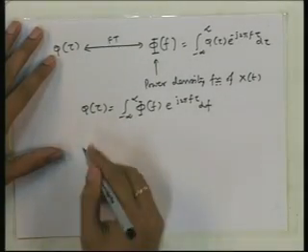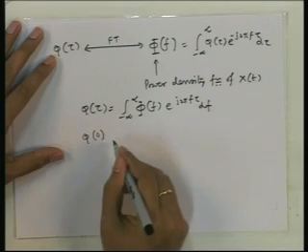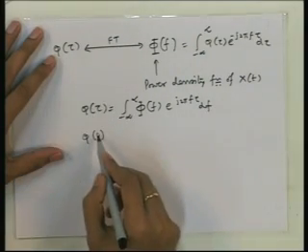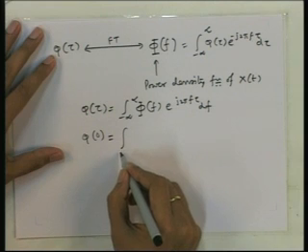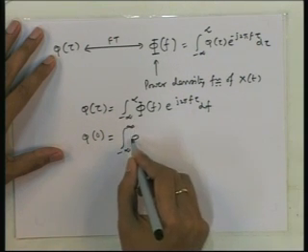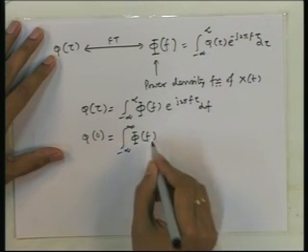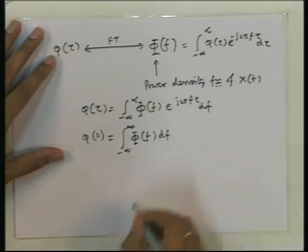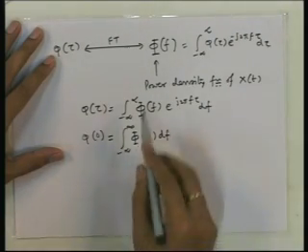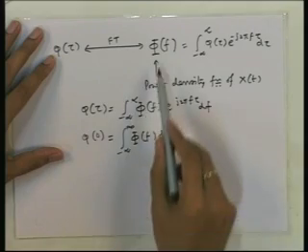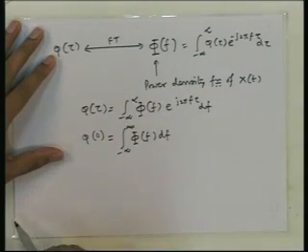Now, from here we can see that phi 0, if you compute the autocorrelation function at 0, is nothing but the integral from minus infinity to infinity of phi f df. This is the area under the power spectral density function.